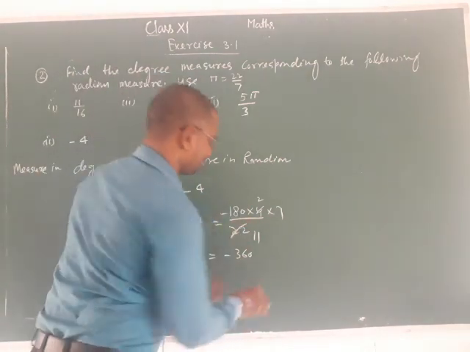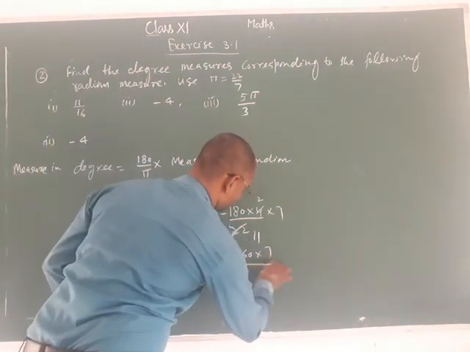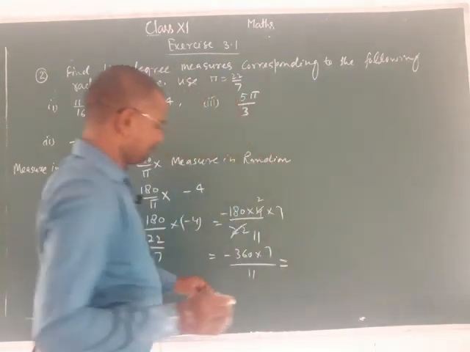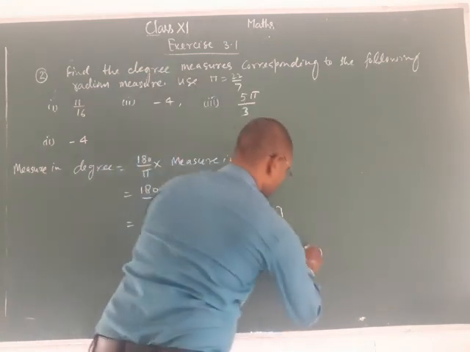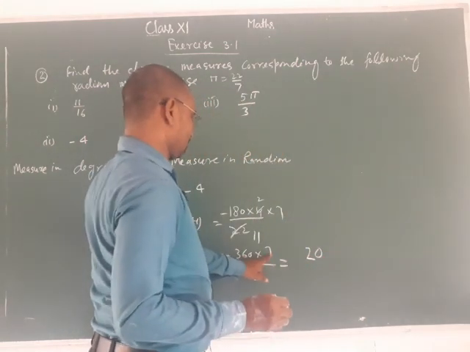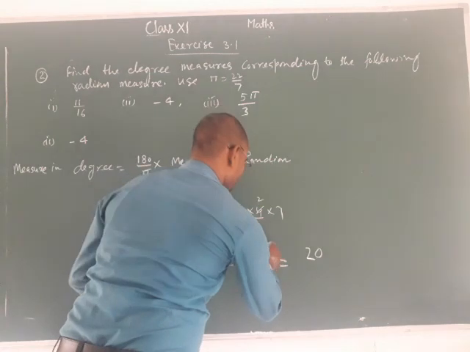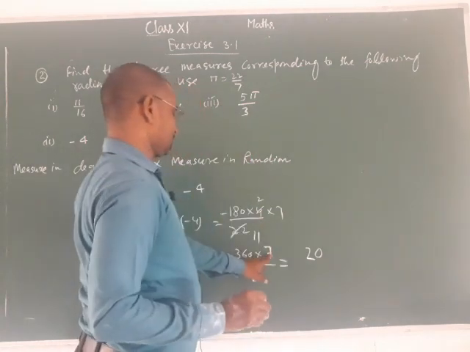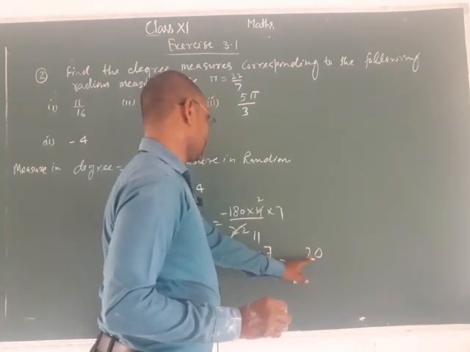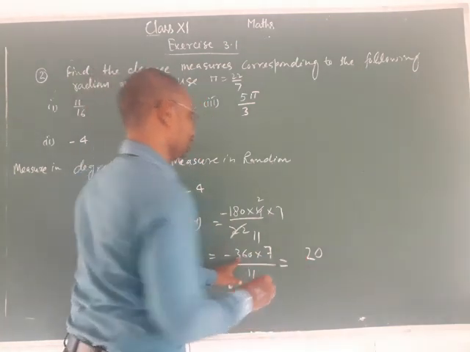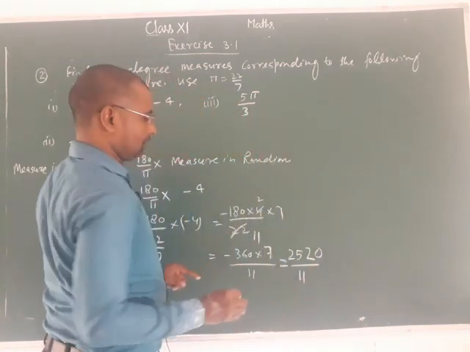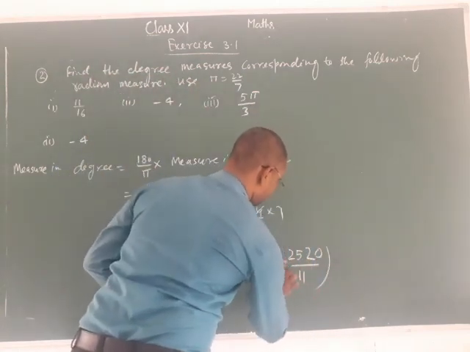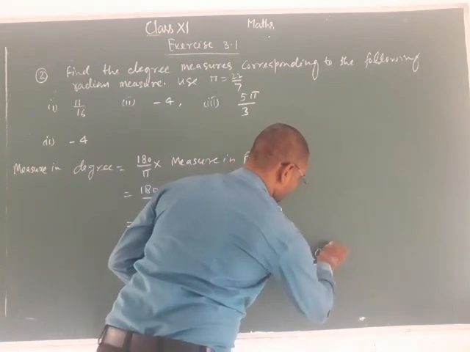360 into 7 upon 11, that is minus 2520 upon 11. This is the measure in degree.